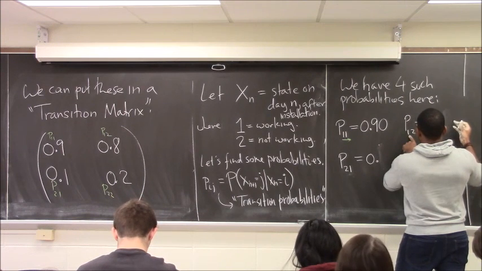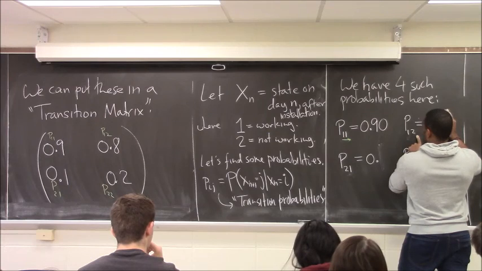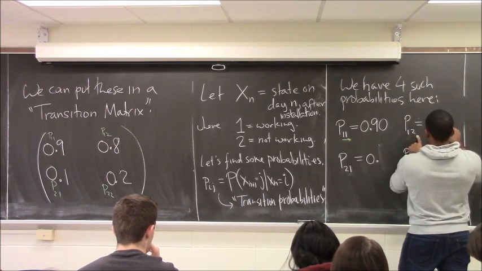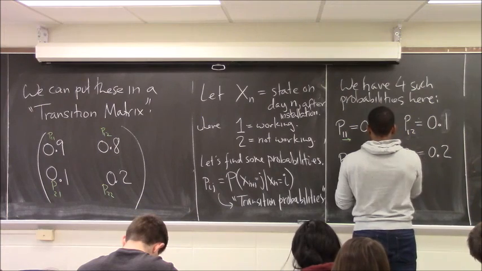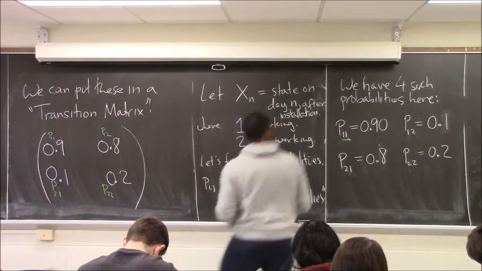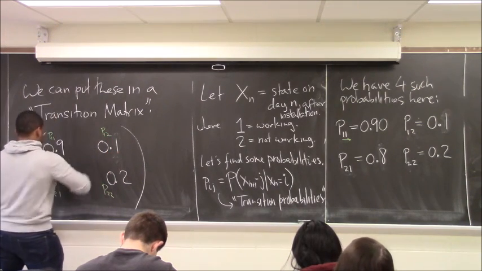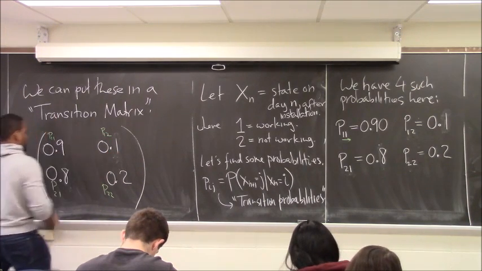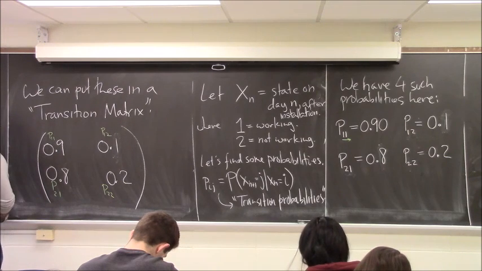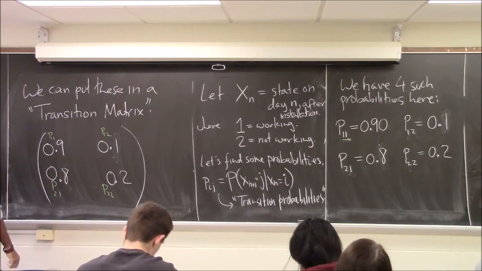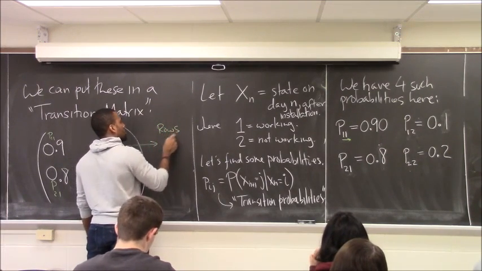So it was working, now it's not working: that's a 10% chance. It was not working, now it will be working: that's an 80% chance. Because your book says something about the rows, I want to make sure I'm saying the exact same statement. I want you to notice that the rows sum to 1.